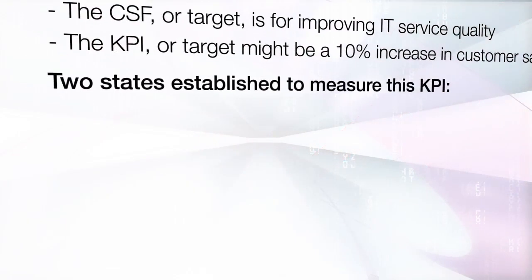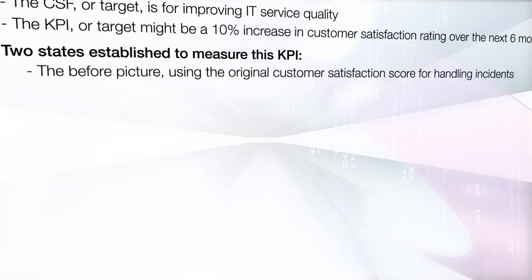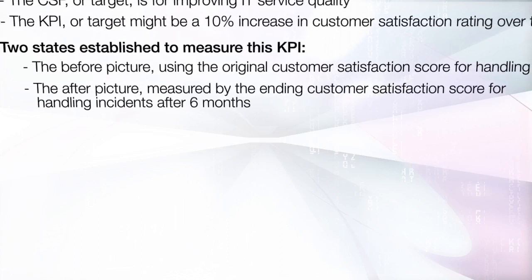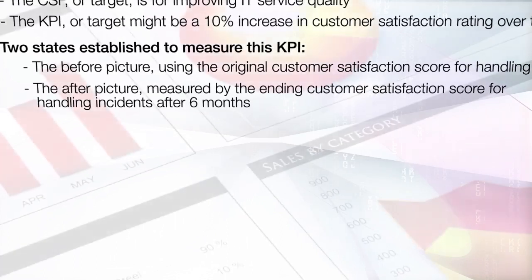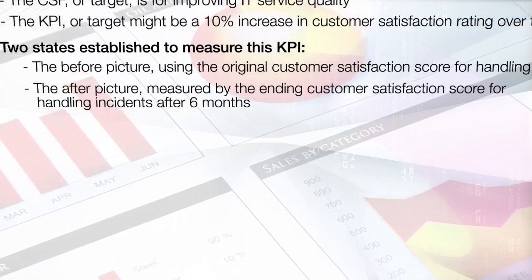The way in which we measure this key performance indicator is to establish two states. The before picture, using the original customer satisfaction score for handling incidents, and the after picture, measured by the ending customer satisfaction score for handling incidents after 6 months.